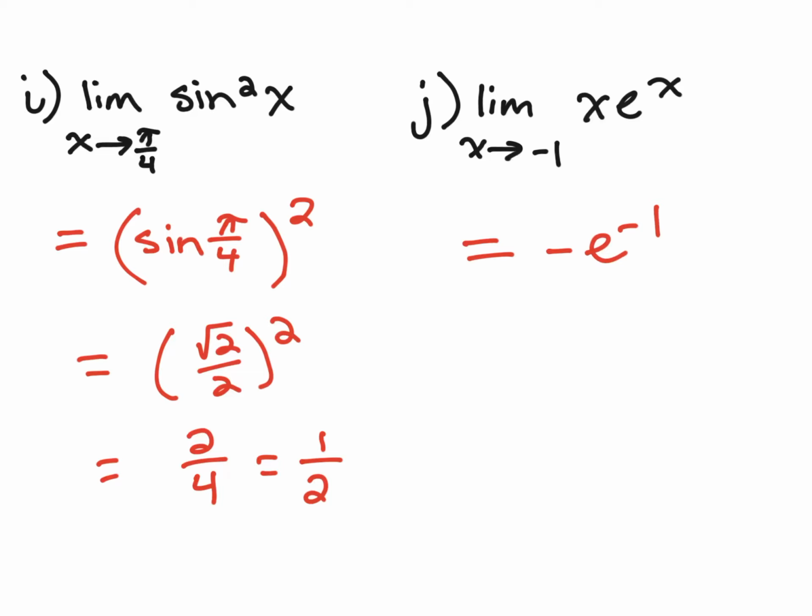And WebAssign's going to take that answer. If it doesn't, you need to tell me. But if you were doing it in the textbook, or if you did try a similar problem or practice another version in WebAssign, they're not going to make the answer look like that. They're going to make it look like -1 over e. As long as your answer's simplified, that's good enough for me on a test.